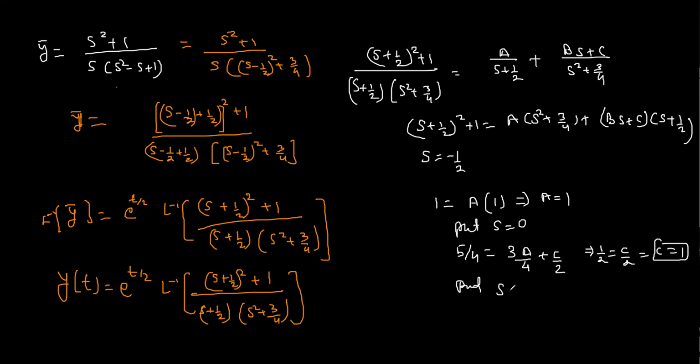Put any random value of s other than 0 and minus half. So I put here 1. Okay. When you put 1, you will get 1 plus 3 by 2, 9 by 4 plus 1, 13 by 4, 7 by 4, plus C is 1, 3 by 2.